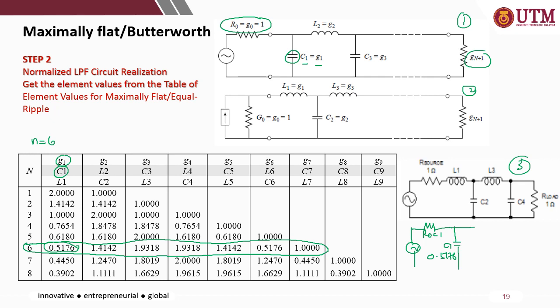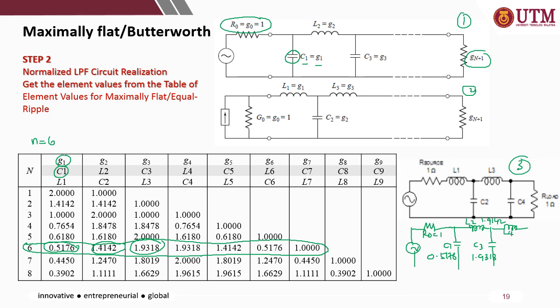Okay, followed by the inductor, and again another capacitor. So after C1 here is L2, so L2 will be using the next value, 1.4142. Next, followed by the third component C3, it's 1.9318, and then another inductor L4.